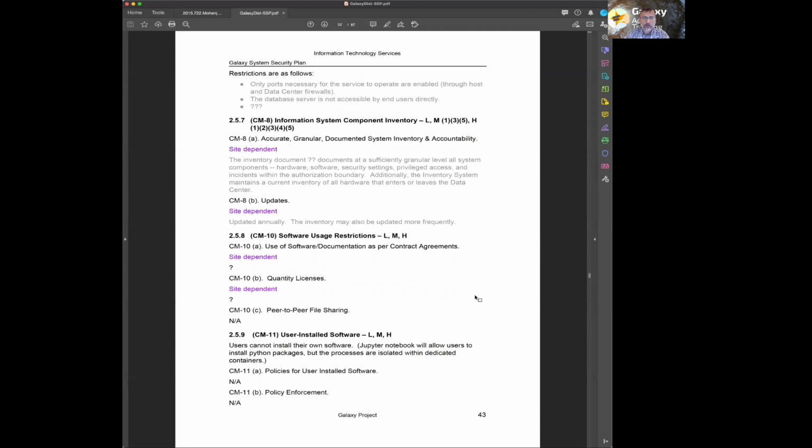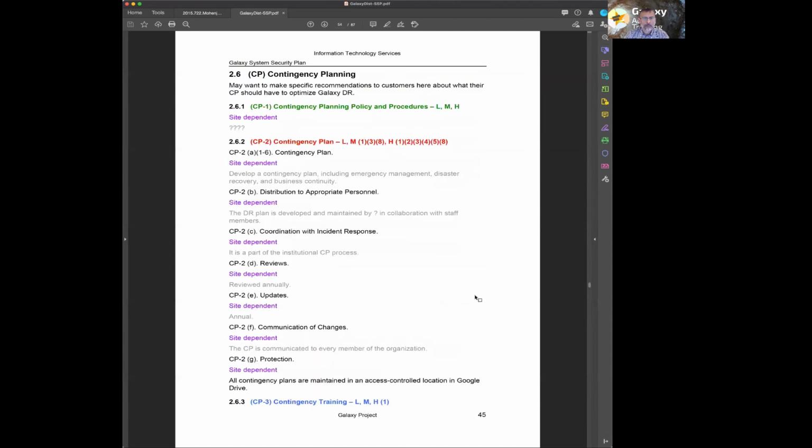Inventory, this is something you have to have. Basically, you have to know what you have before you can secure it. So this is a very important control to have in place. Other things, if you're allowing users to install software, which is generally not the case in Galaxy, but if there are parts where users are able to install software, then if this was some other system, for example, that would have to be addressed here.